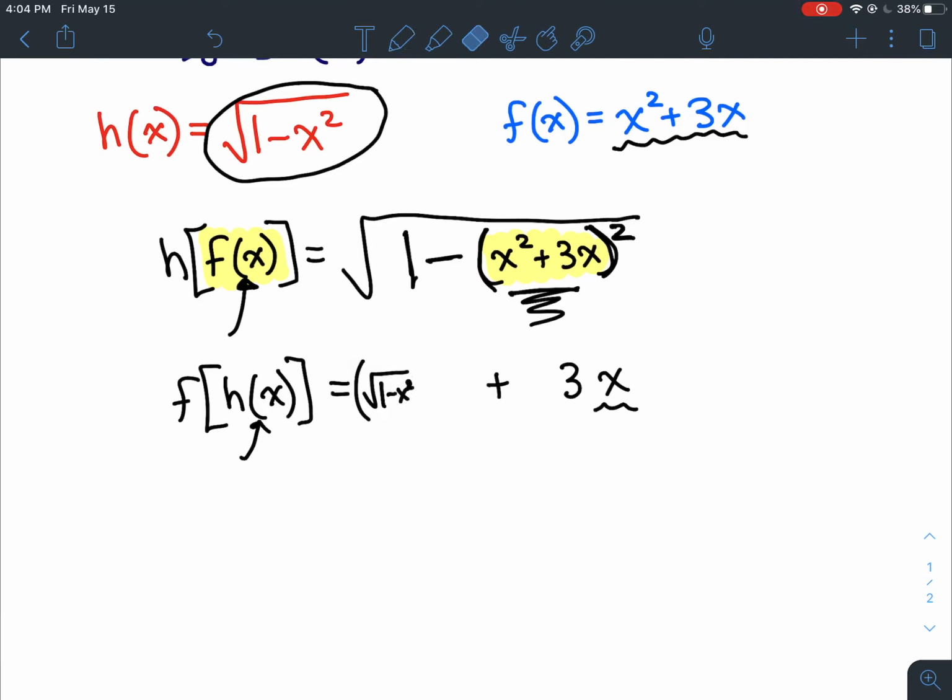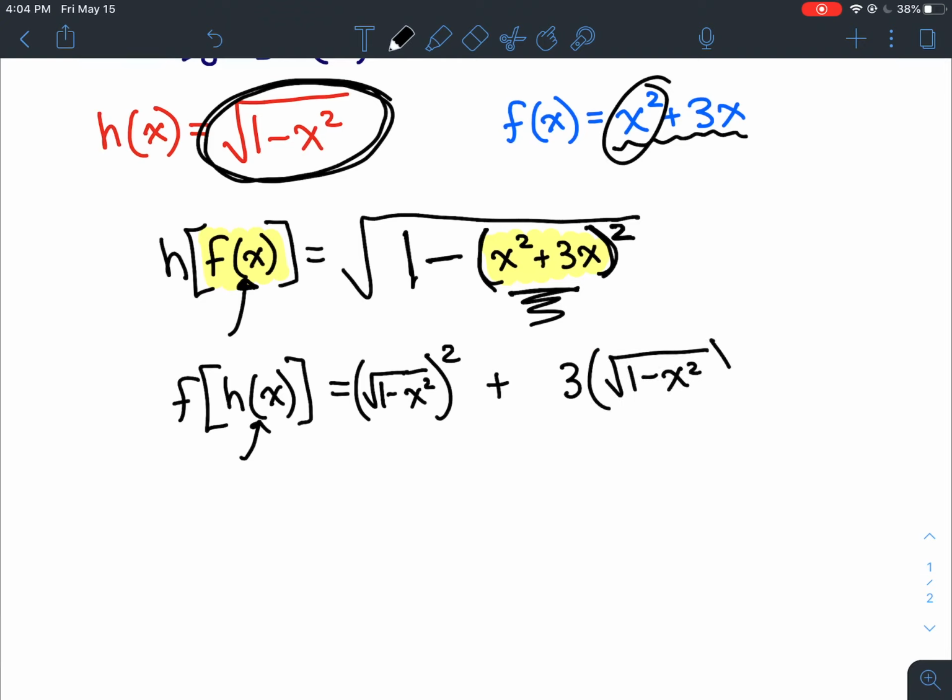I should have obviously left myself more space. It's really tiny. So I'm replacing that x with the square root of 1 minus x squared, since that's what it was in h of x. So this is our new x squared term, plus 3x. I get rid of that x, and in the x spot I'm putting the h of x. I don't know if you need to keep that in brackets, probably not, since it's under a radical sign, but whatever. So there you go. That would be f of h of x.